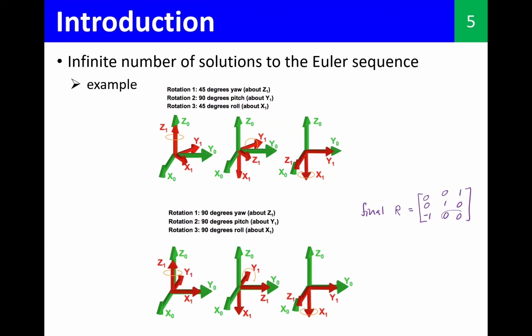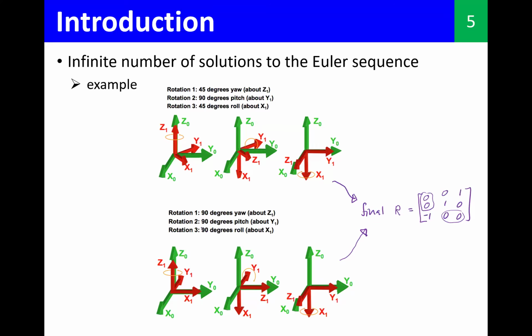So these are 0, these are 0. We can come to this final orientation in infinitely many ways, right? Therefore, we cannot really figure out the roll and yaw angles.